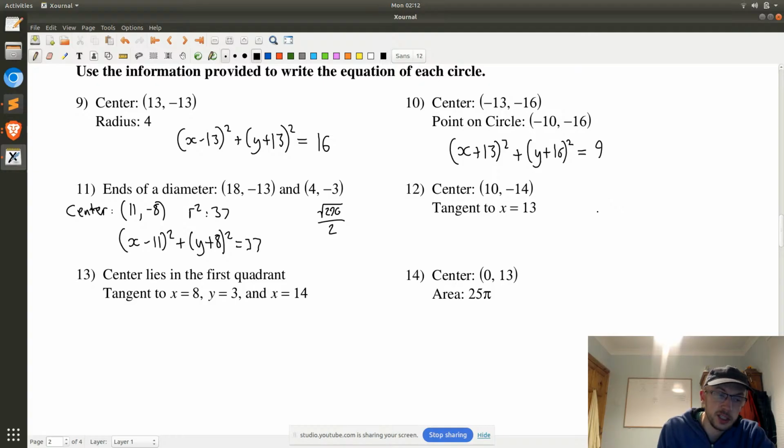Oh, it's tangential to x equals 13. So if x equals 13, that would be a vertical line at 13. And thus it will pass through there at some point.